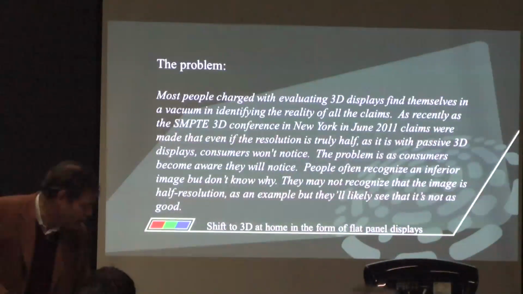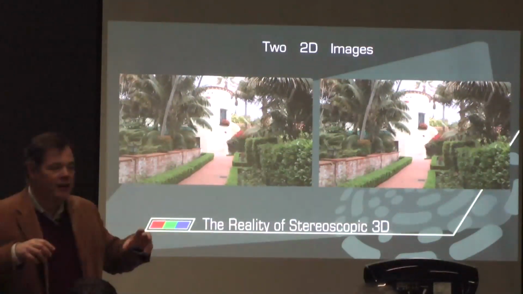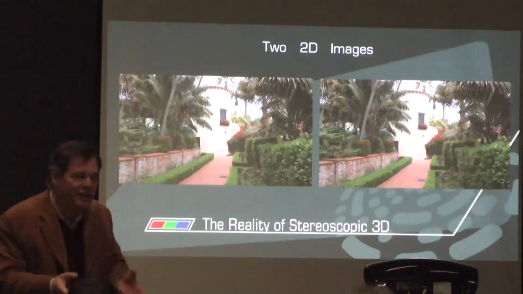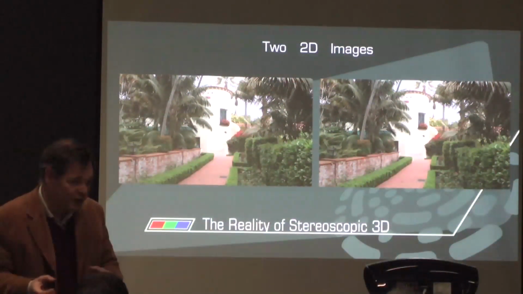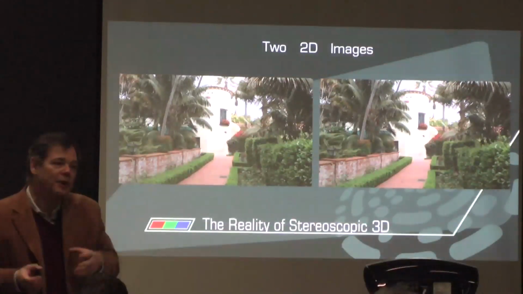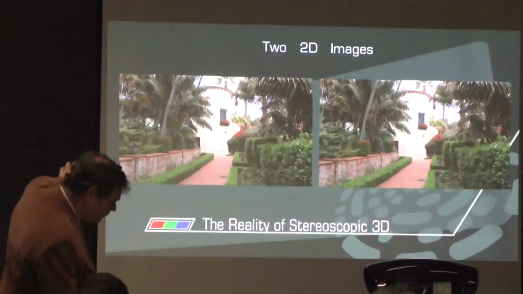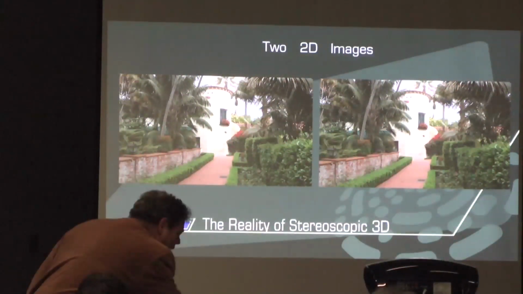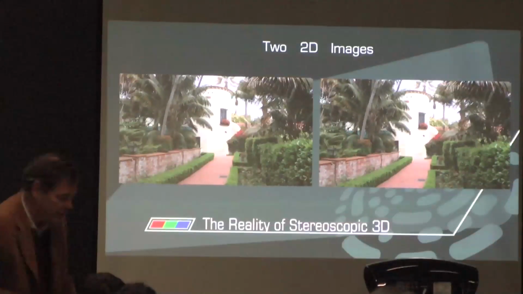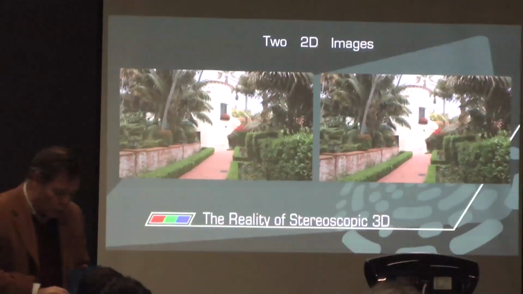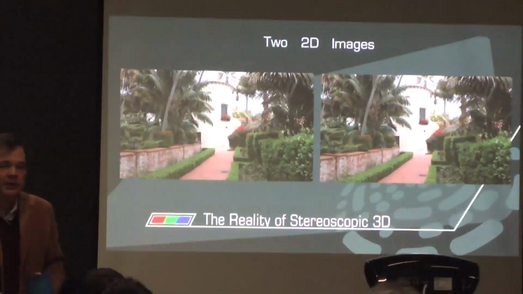And so what I'm saying is that we have to take an analytical approach to 3D to understand what it's actually doing. And once we understand what it's actually doing, then we can be better prepared to understand fully what's actually happening versus what we think is happening.